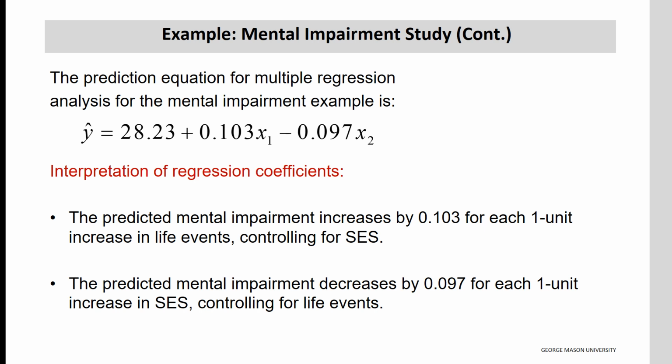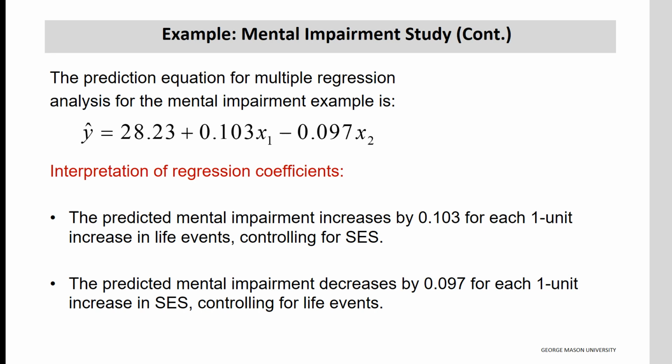Now, let's see how we interpret these regression coefficients. In other words, what do these numbers mean? Let's interpret the regression coefficient associated with life events. We would say the predicted mental impairment value increases by 0.103 for each 1 unit increase in life events, controlling for SES, or socioeconomic status.